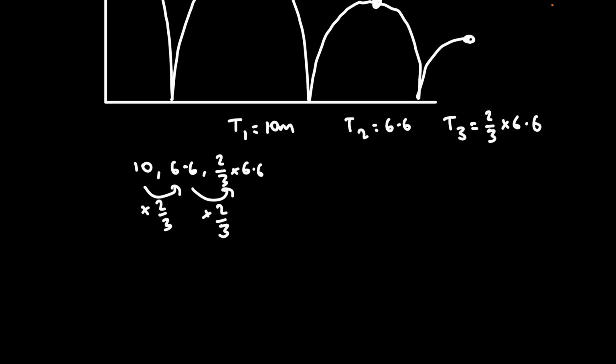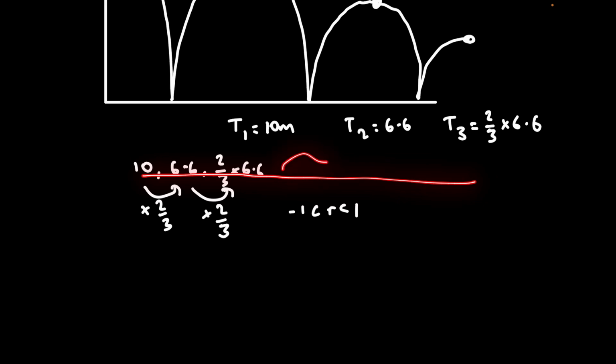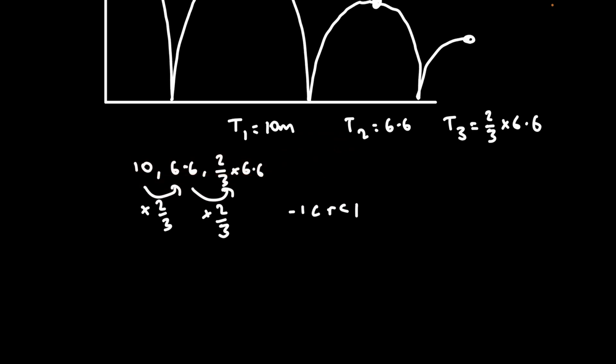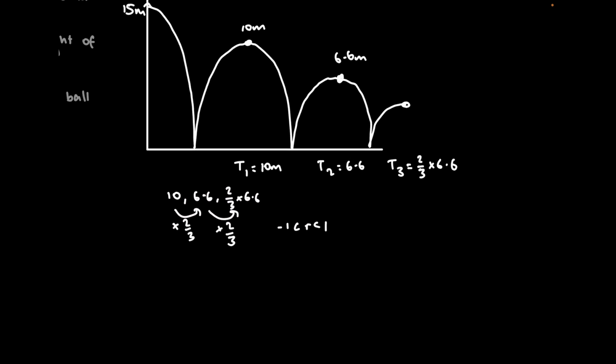So what that means is, because r is in between -1 and 1, the summation of infinite terms here will converge to a single point. So what we're actually doing is we know that this height is 10 meters, and this height is also 10 meters. We know this height is 6.6 meters, and this height is also 6.6 meters.